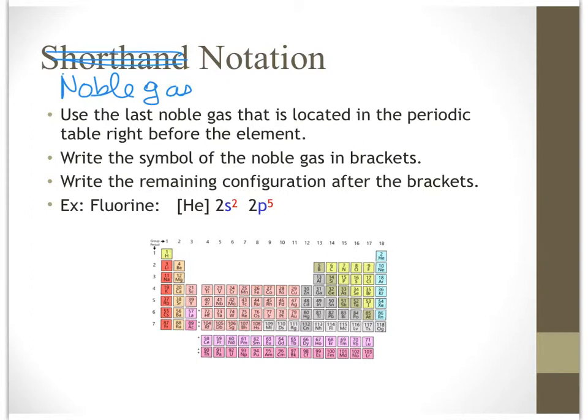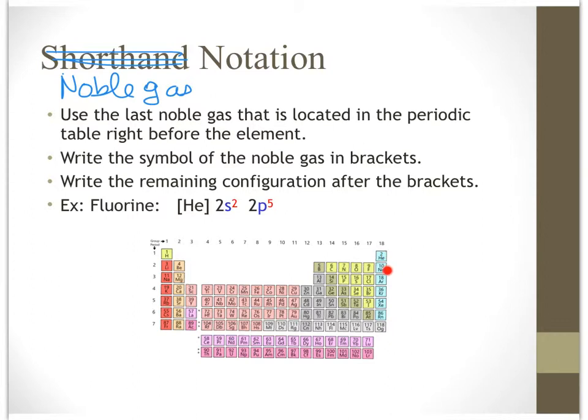So if you were to look at fluorine, say, the noble gas that comes before fluorine is helium. Okay, it's got to be the noble gas that comes before the element, so with a smaller number. And helium has a 1s2 electron configuration, which means it's full. Its shell is full.